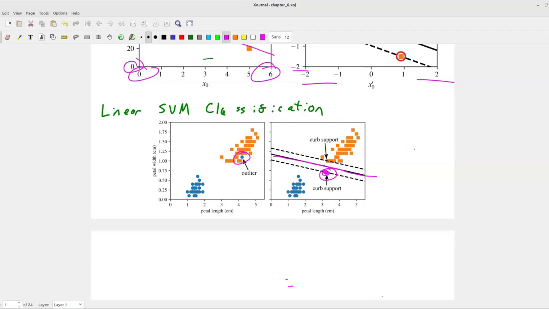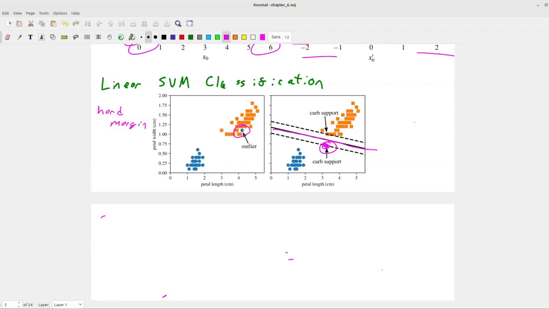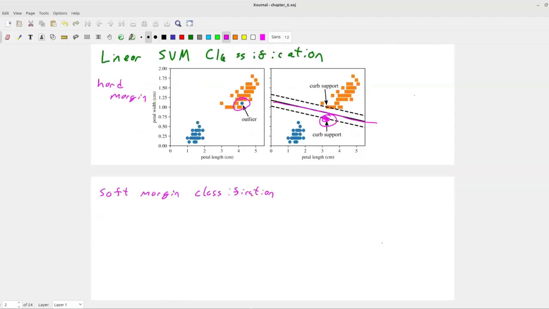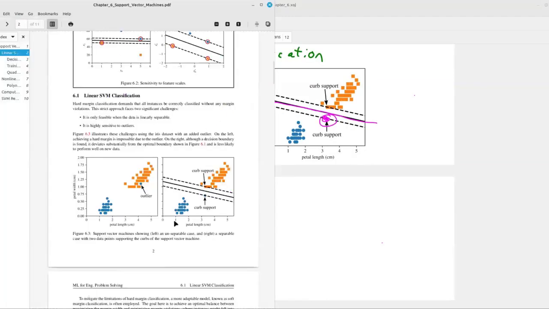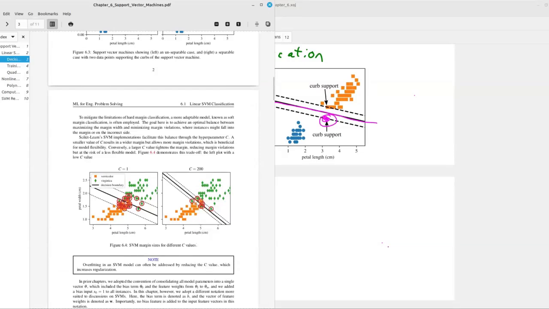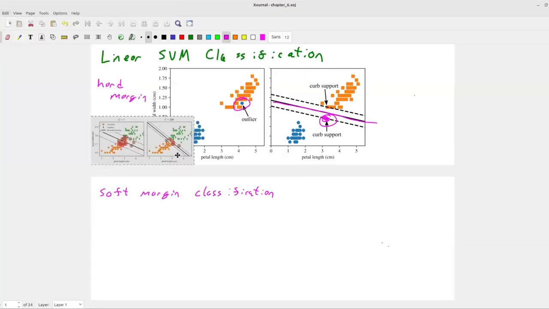So to mitigate the limitations of hard margins, a more adaptable approach known as soft margin classification is employed. So let's look at soft margin. And when I want to employ soft margin classification, it might look something more like this.